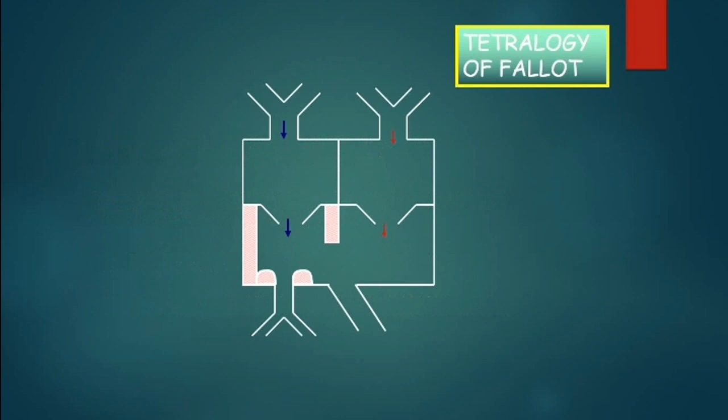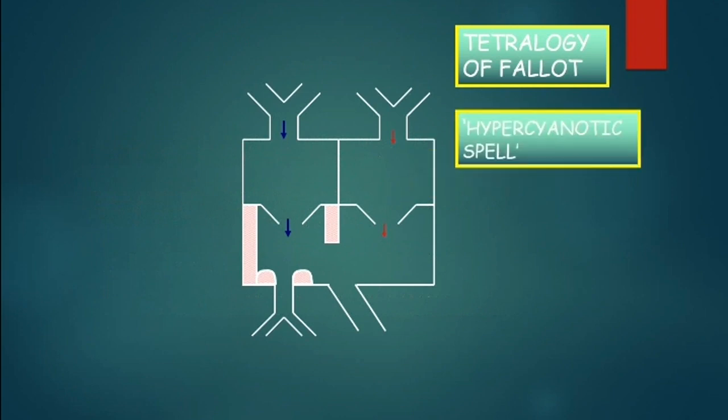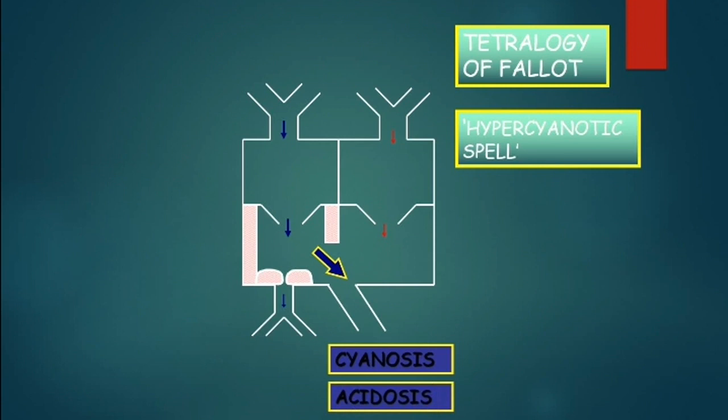This slide shows the hypoxic spell. With a hypercyanotic spell, there is infundibular narrowing, reducing the flow in the main pulmonary artery, and decreasing oxygenation, shifting more blood towards the aorta, which increases cyanosis, hypoxia, and acidosis.